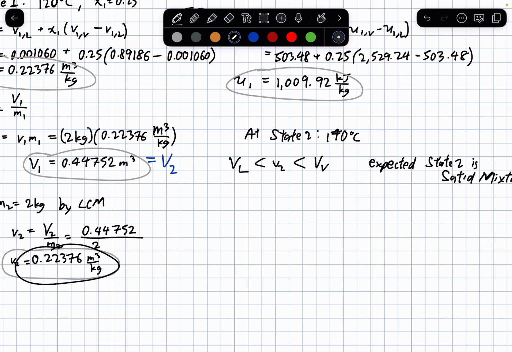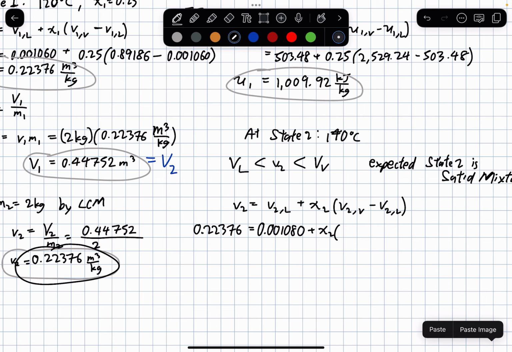So what do we do now? V2 is equal to V2L plus quality X sub 2 times (V2V minus V2L). That's exactly what we're gonna find. Okay, so 0.22376 equals V sub 2L, 0.001080, plus X times the quantity 0.550885 minus 0.001080. Basically, we're just gonna do shift solve, no?